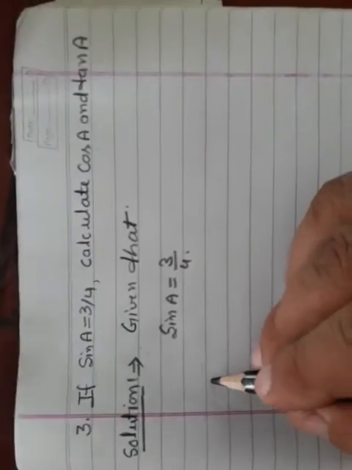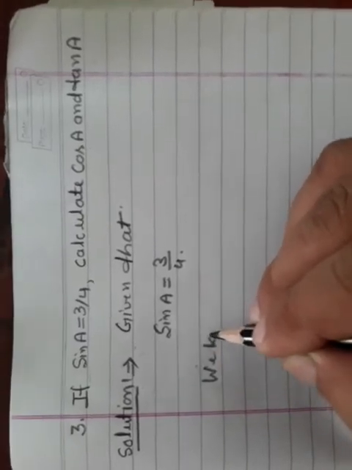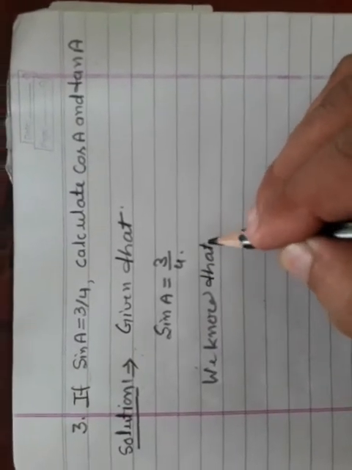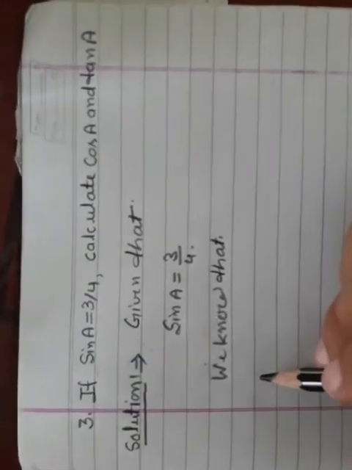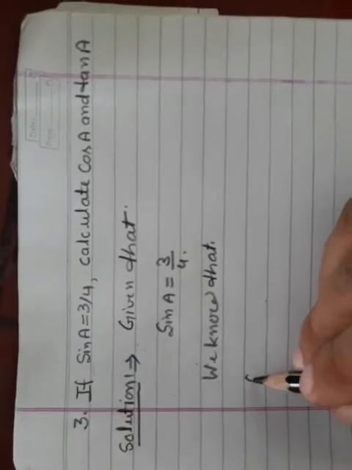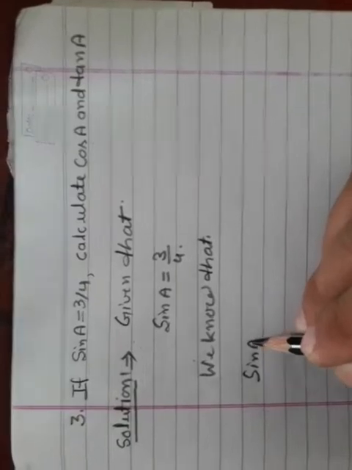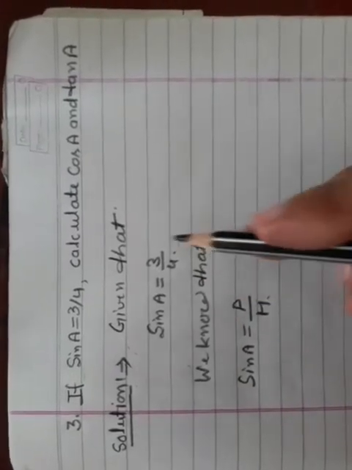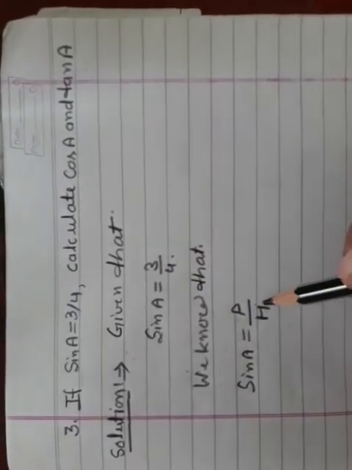We know that sine A is P by H, perpendicular upon hypotenuse. So these values are given, perpendicular upon hypotenuse.